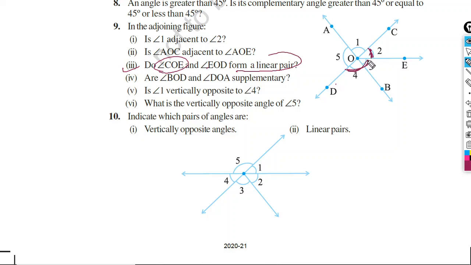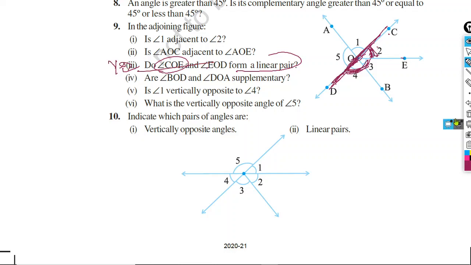First you see whether they are adjacent or not. This angle EOC and EOD, this big angle, they are adjacent angles, clearly you can see, and their non-common arms, that means OC and OD, are opposite rays. Yes, they are opposite rays, that means they are forming a line, so we can say yes.